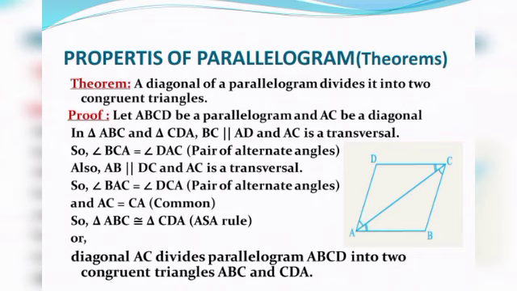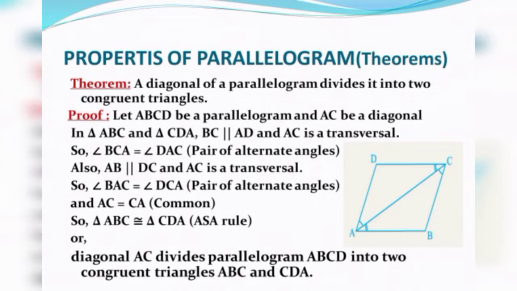In triangle ABC and triangle CDA, note that BC is parallel to AD and AC is a transversal. So, angle BCA is equal to angle DAC. These are pairs of alternate angles. Also, AB is parallel to DC and AC is a transversal. So, angle BAC is equal to angle DCA.